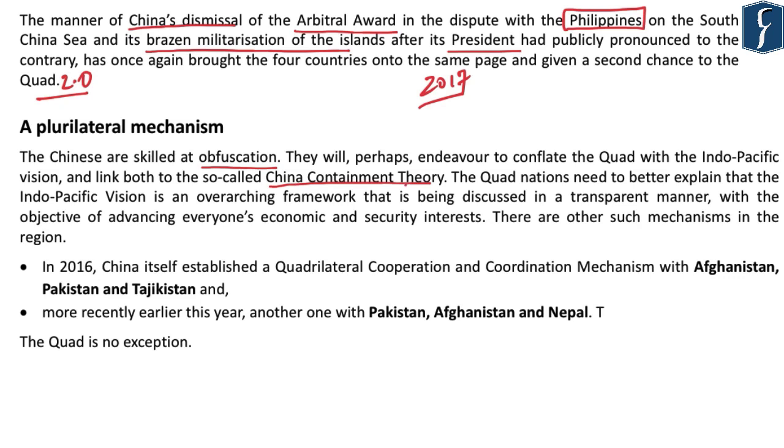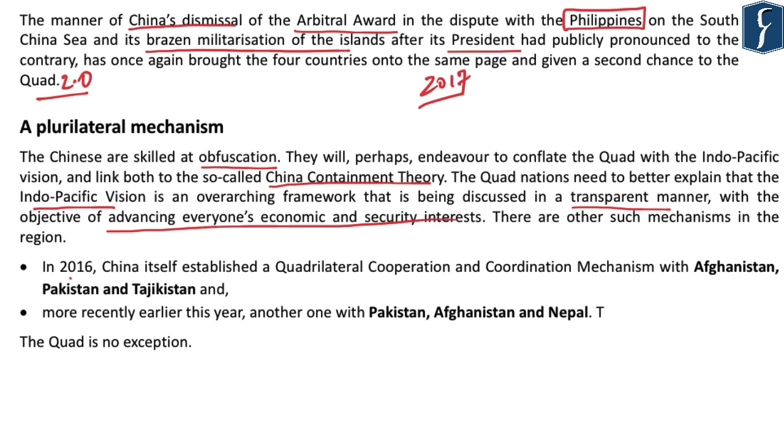So the Quad nations need to better explain the formation of Quad, give their Indo-Pacific vision, and discuss everything in a transparent manner, showing that its objective is advancing everyone's economic and security interest. The Quad countries must also highlight that this is a very general kind of grouping and other groupings like this already exist.